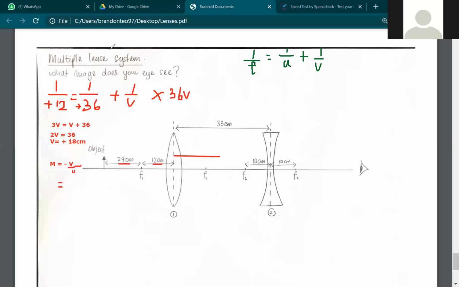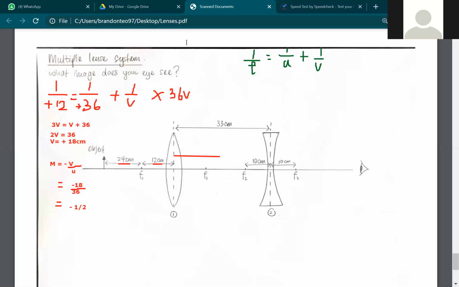So we calculate the magnification: negative 18 divided by 36, so I'm going to get a negative. The magnification is 减 0.5, 所以是减 1 over 2. 所以它是变小, it becomes half the size, 然后它是 inverted.